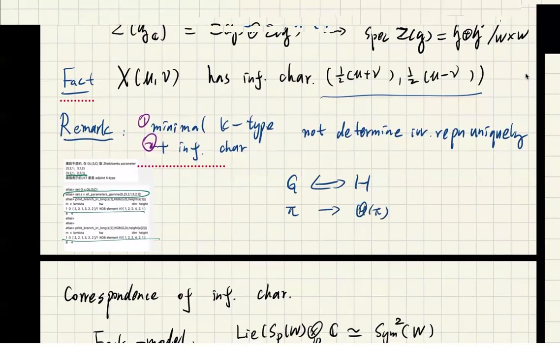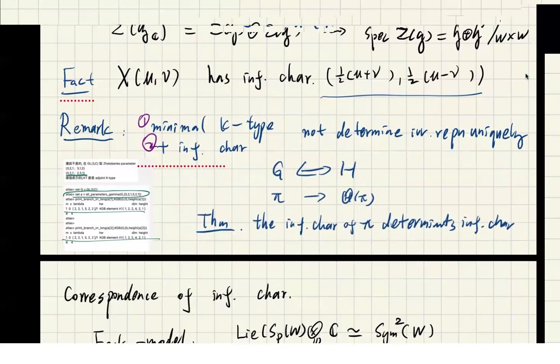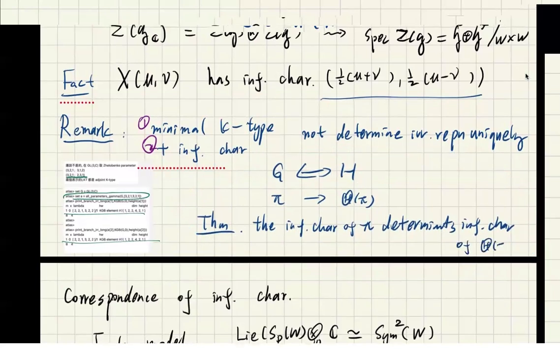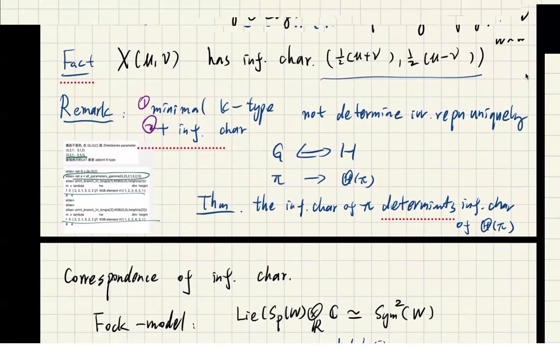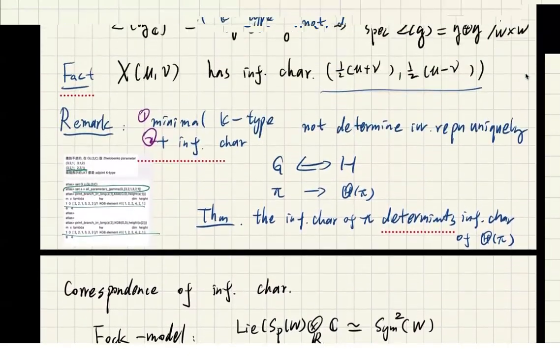So the theorem is that the infinitesimal character of pi determines the infinitesimal character of theta of pi. Okay, so this is the message, but how do we prove it?